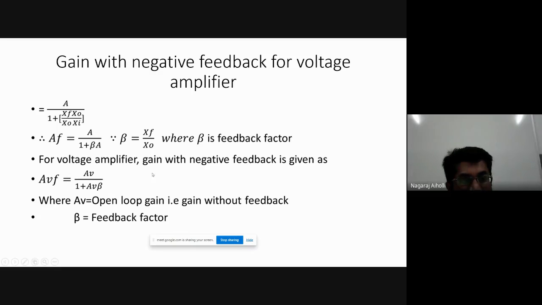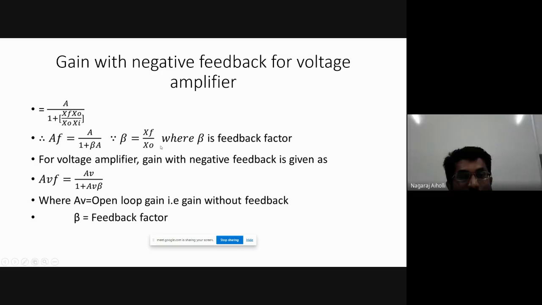For the voltage amplifier, gain with negative feedback is given as AVF is equal to AV divided by 1 plus AV beta, where AV is the open loop gain, that is gain without feedback, and beta is the feedback factor. Okay.